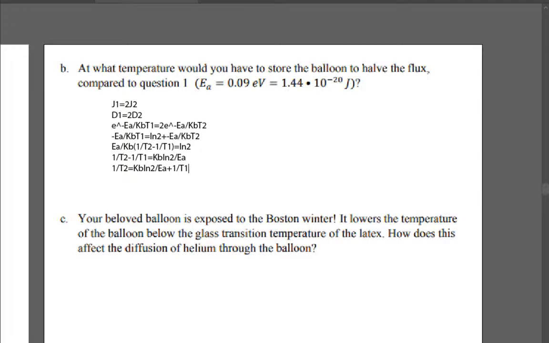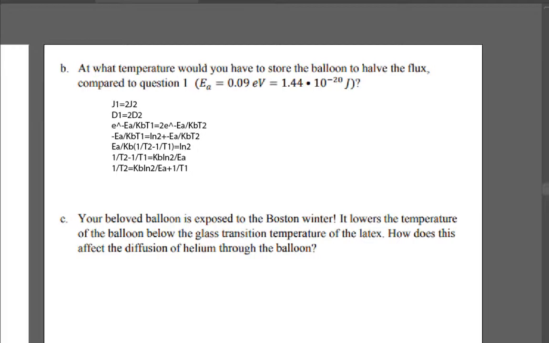Let me just search that up because my brain doesn't work. Room temperature, I believe it's around 20 to 25 degrees Celsius. Wait, what? Room temperature for IUPAC is 25 degrees Celsius. 25, okay. I'll just use 25 degrees Celsius.